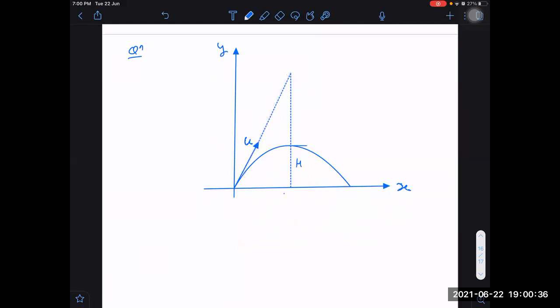Sir, any angle is given? Angle is theta. Then u square sin square theta by 2g, sir. That is the h value. I am not asking what is the maximum height attained when gravity is present. I am asking some other question.